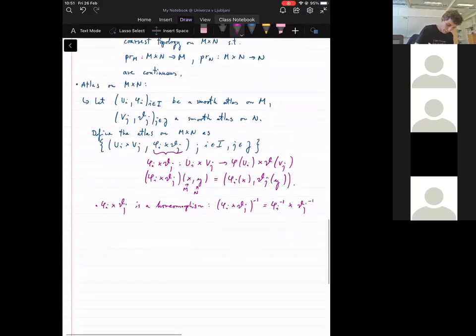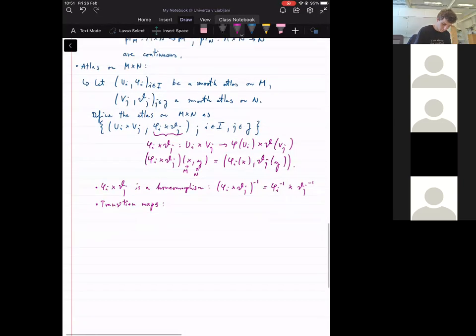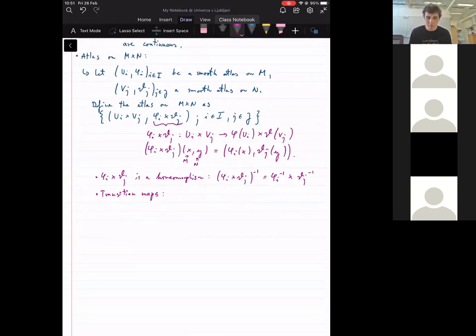And as Grega mentioned, we also have to check that the transition maps in this atlas are diffeomorphisms. How do we do that? We have to pick not only phi_i and theta_j, but also phi_i1 and theta_j1, and phi_i2 and theta_j2.